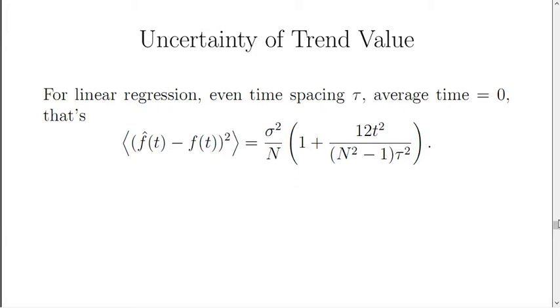By the way, for linear regression, even time spacing tau, and an average time equal to 0, that gives us this quantity. The uncertainty in an estimated value of the model function or the trend at an arbitrary time is equal to the variance of the intercept plus this term, which accounts for variance of the slope.